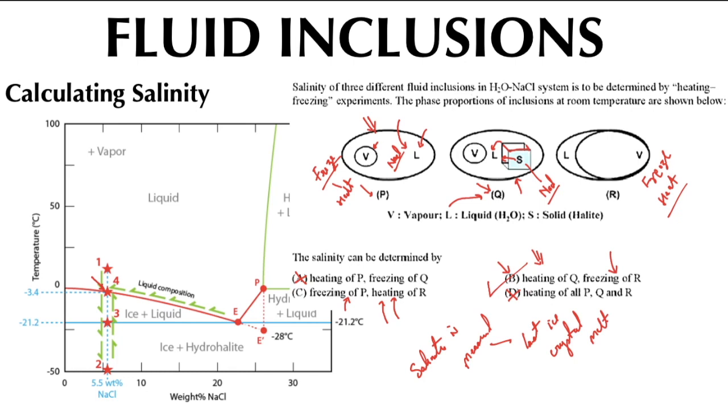So first you have to freeze it and then heat it again and see at this eutectic point the ice will start dissolving, right? And you will have both ice plus liquid. But at some point the last ice will melt, the last crystal of ice, and that is the point where we calculate salinity. So you have to freeze P and R, and Q you have to heat, because the solid NaCl crystal is still not completely dissolved in liquid, then there is no point in calculating salinity unless the whole of the NaCl is dissolved in liquid. Okay, so the answer here will be B.